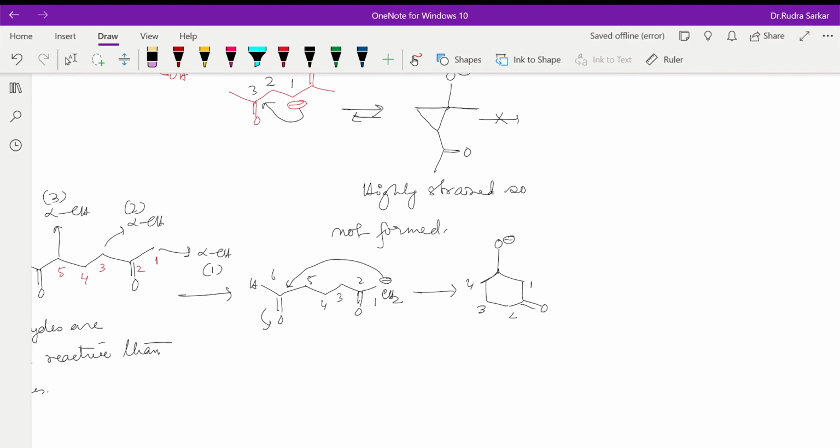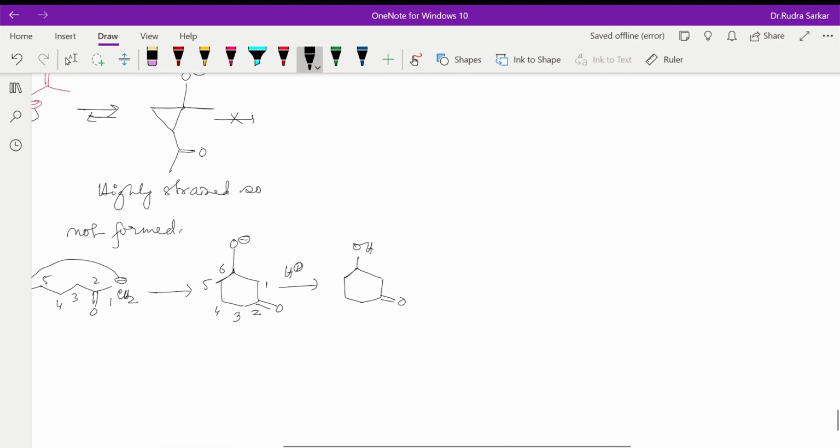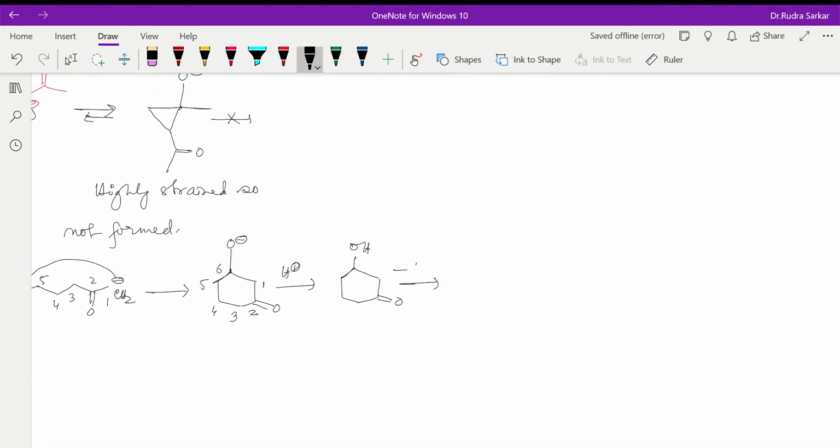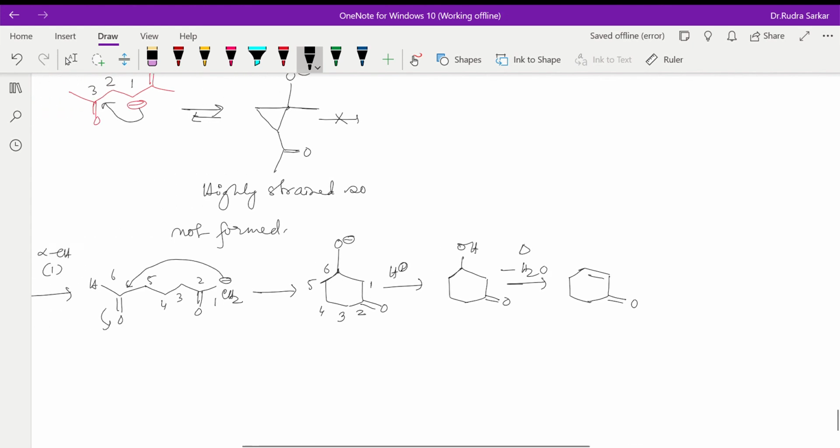Sorry. 1, 2, 3, 4, 5, and this is 6. Now protonation will obviously give you this product, which if we do elimination of water via heat, the product will be something like that. Okay.